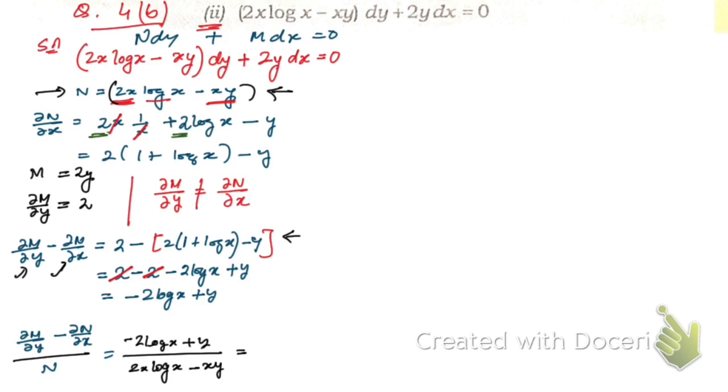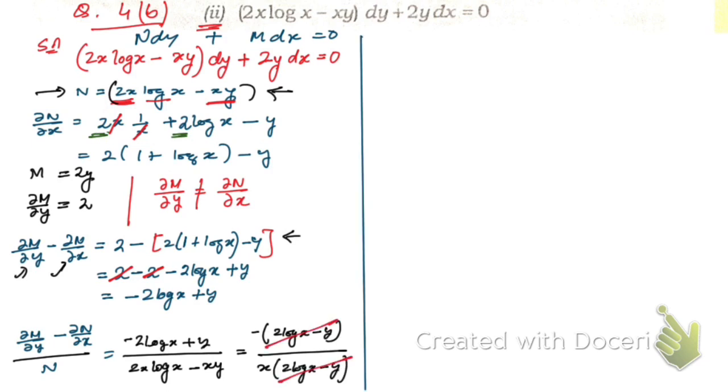From the denominator you can take x common, and then you will get this. Here these 2 cancel. Now what you will get is minus 1 by x. This is a function of x only, right?